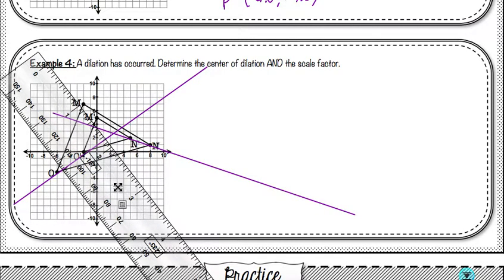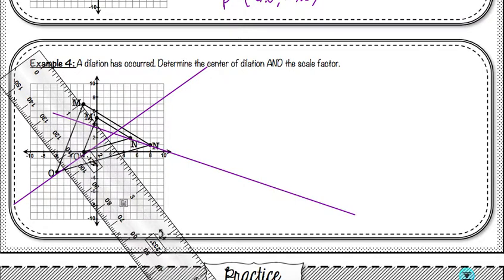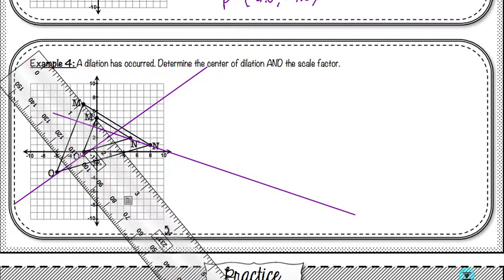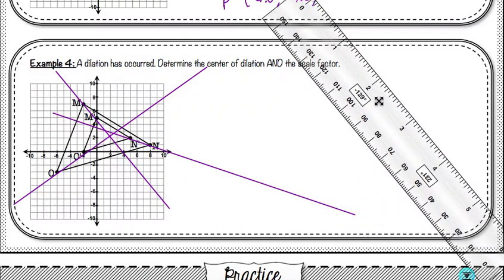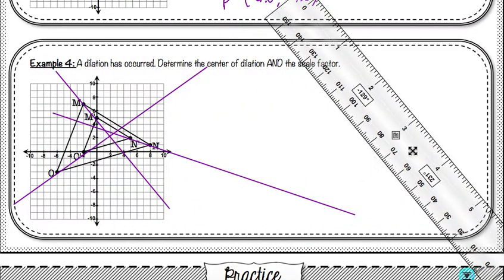Let me see if I can draw this. Get these two dots to connect. Okay. Now, as you can see, my three lines are not perfectly connected here.